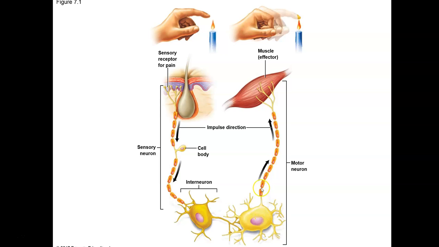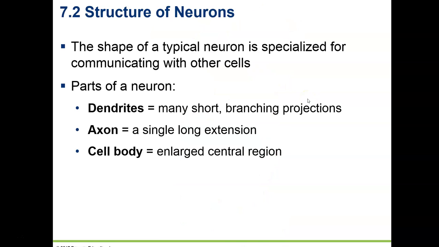Interneuron sends the information to the motor neuron, and motor neuron is going to the muscle in our finger. So what happens? Muscle is an effector and we remove our finger from the flame. So that is an application of how the sensory neuron, interneuron and motor neuron work.